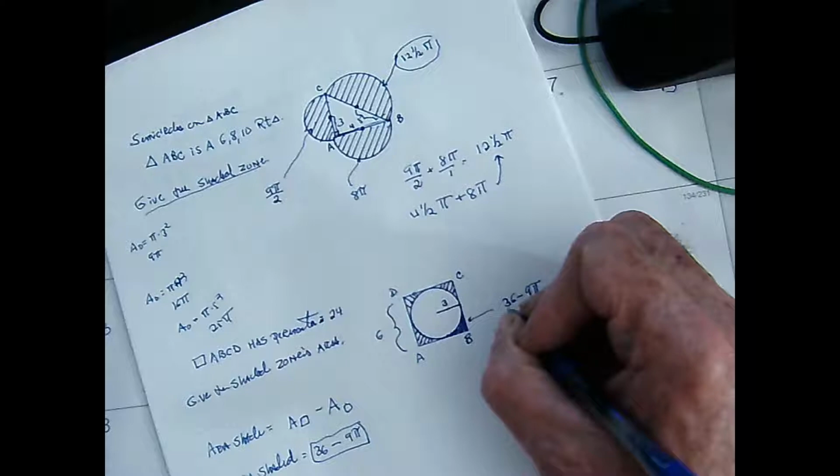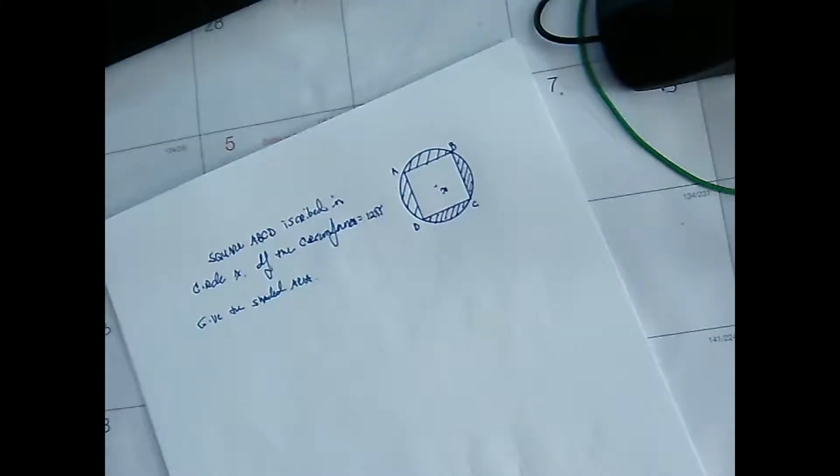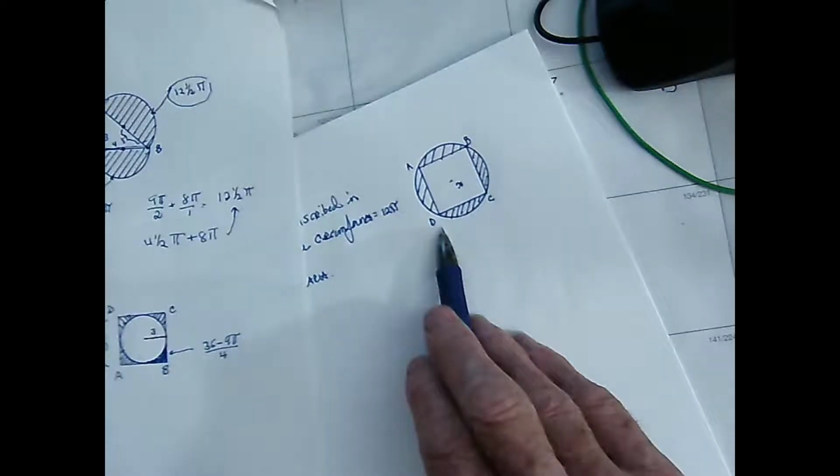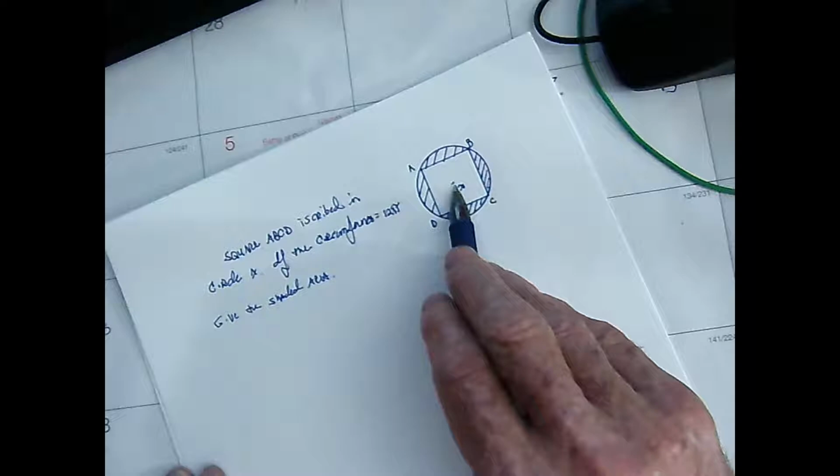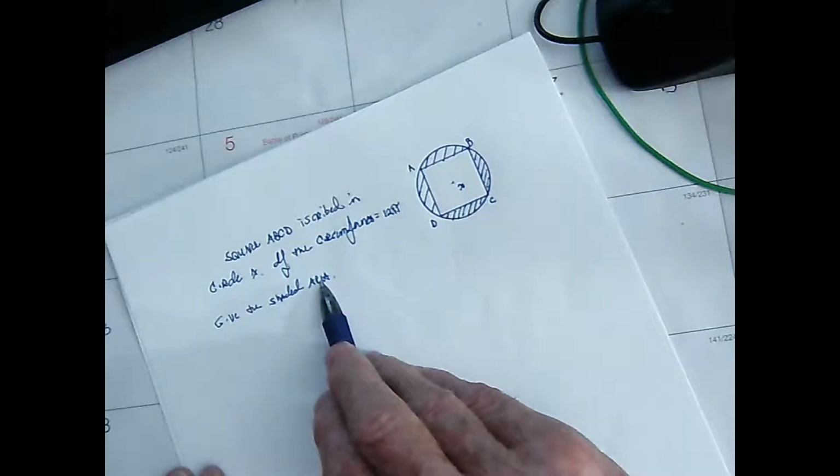I've got one more I want to show you, please. Same kind of idea, but this time, instead of having a circle within the square, we've got a circle surrounding the square. The square is inscribed in a circle. The square ABCD is inside of circle X. If the circumference is 12 pi, give the shaded area.